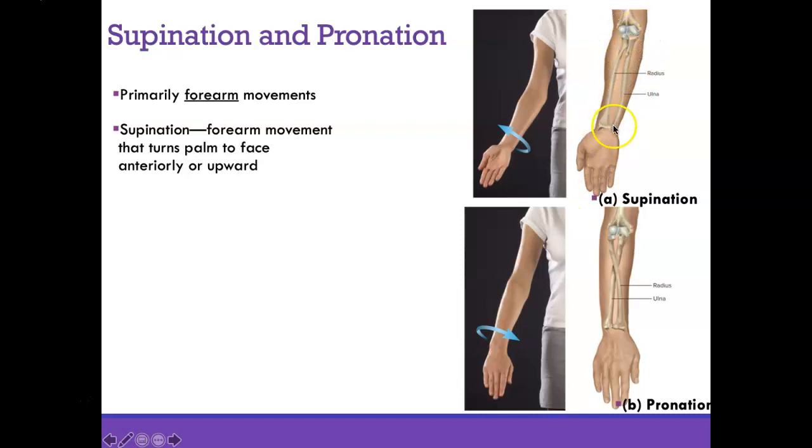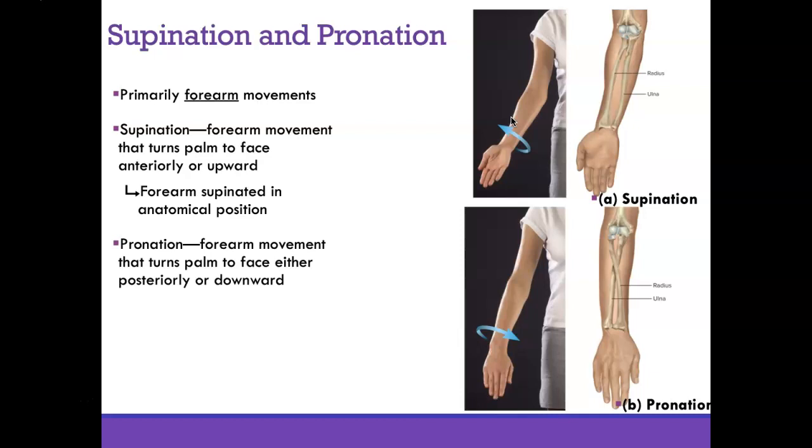So in anatomical position, we have the radius outward, right? It's the radius, and then the ulna is more medial. So supination is when your forearm movement is turning your palm to face up. Right? The forearm is supinated in anatomical position.